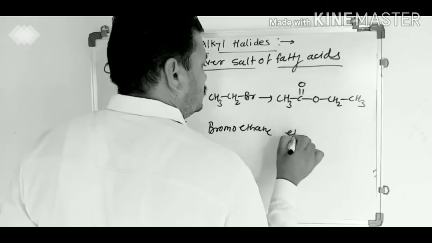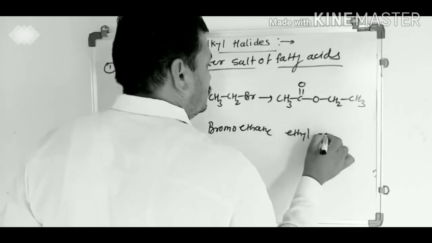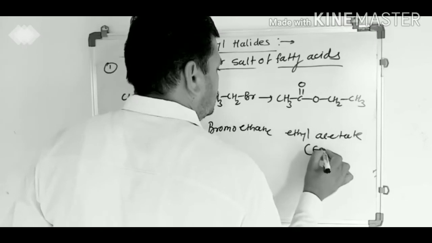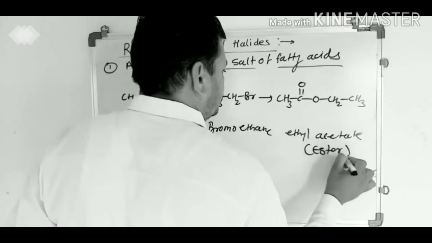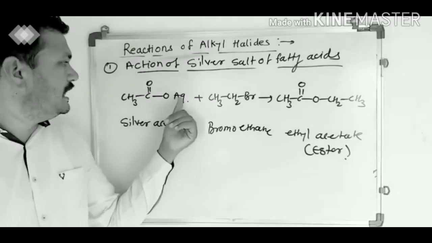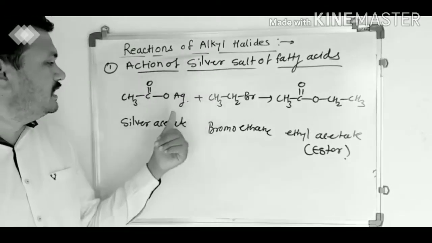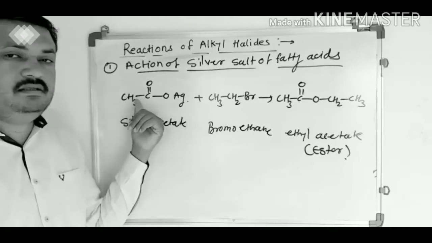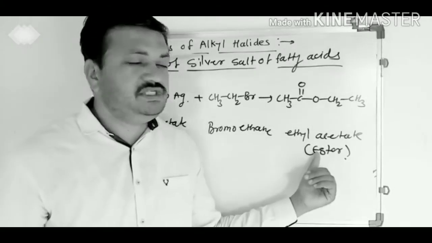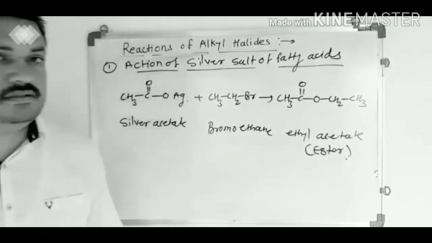It is ethyl acetate. It is an ester. That means when silver salt of fatty acid, that means silver acetate, is treated with alkyl halide, then formation of ester takes place like this.